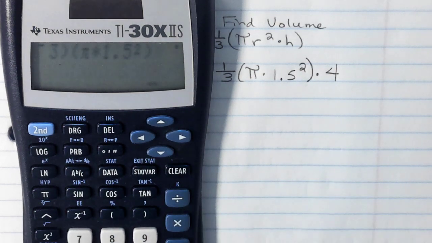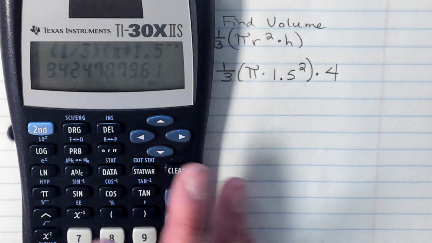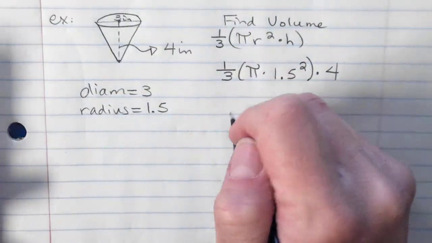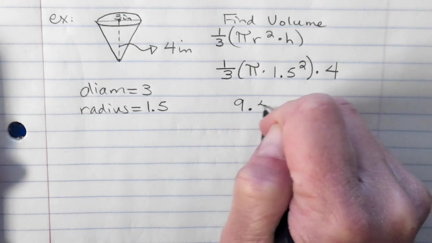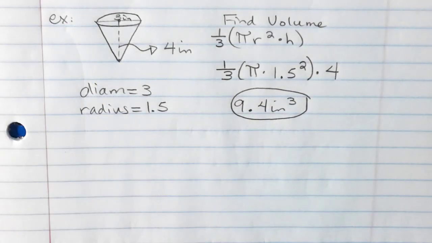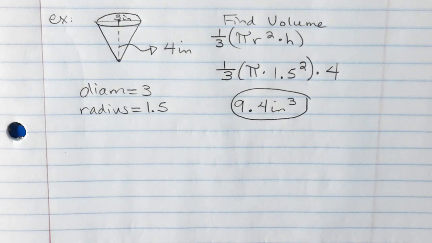I'm going to close that because that's the area of our base, the area of the circle. And then times 4 for our height. And yep, we're definitely going to have some decimals here. So we're looking at 9.4 inches cubed. And that is the volume of the fudge that we are going to fill into this cone.